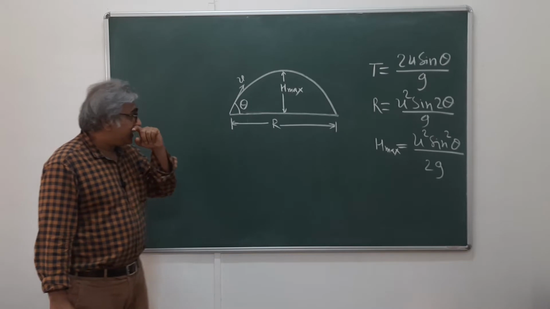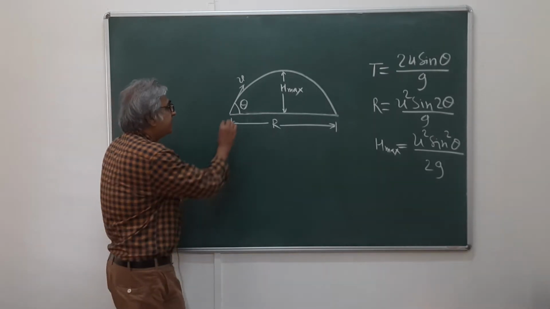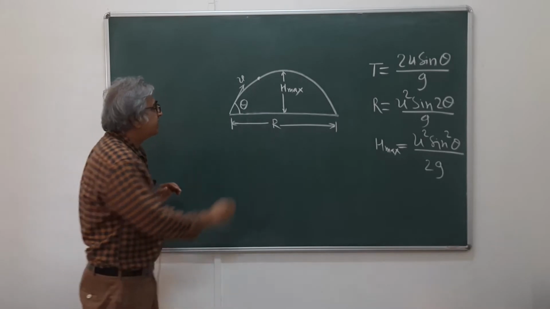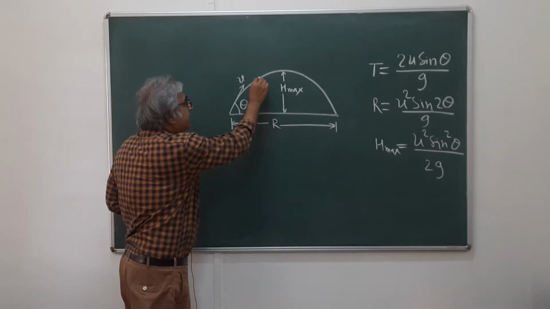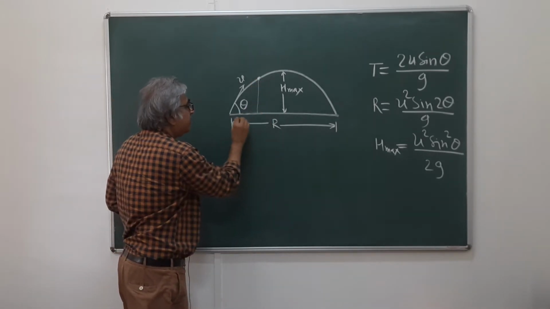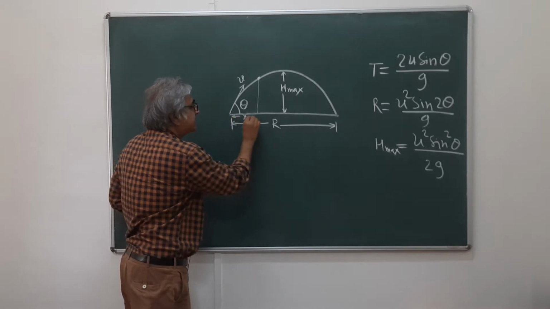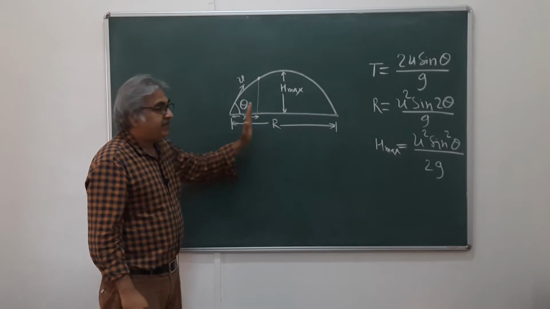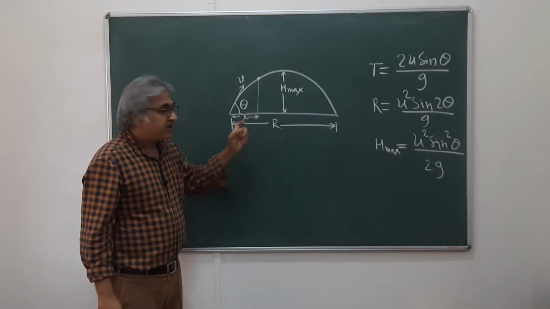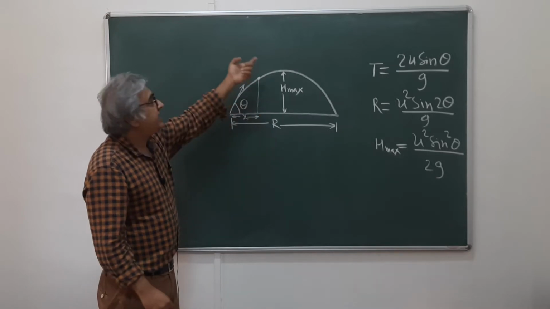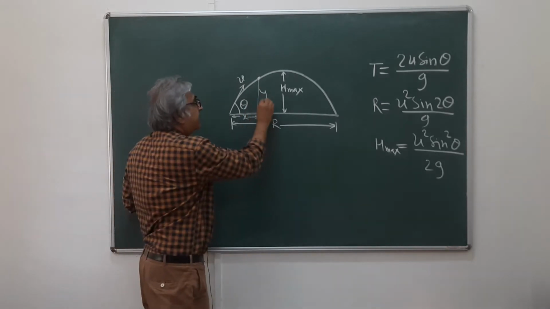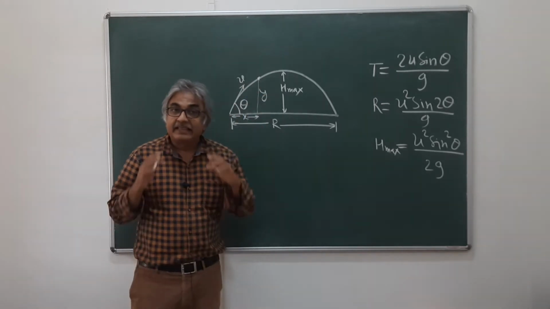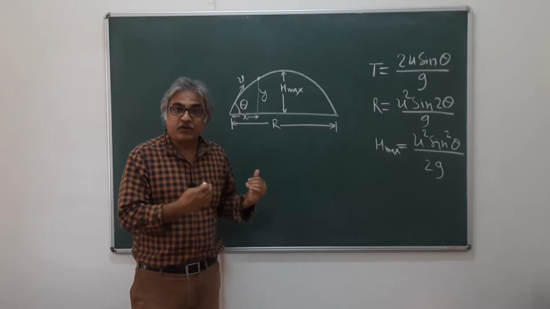Suppose the projectile has come over here, which means the projectile, let's say, has traveled horizontally a distance x, and it has moved up by y. So what is the relationship between y and x? That is another formula. That's what we are going to derive.